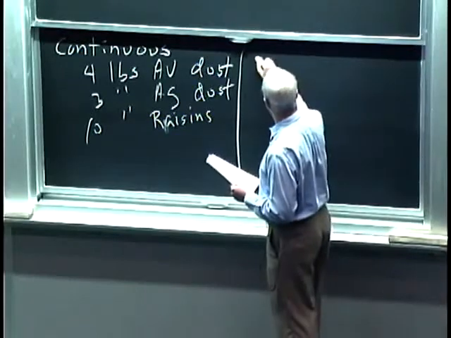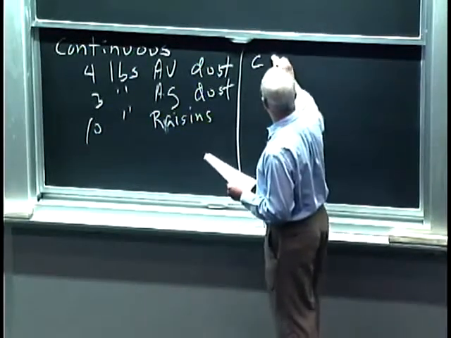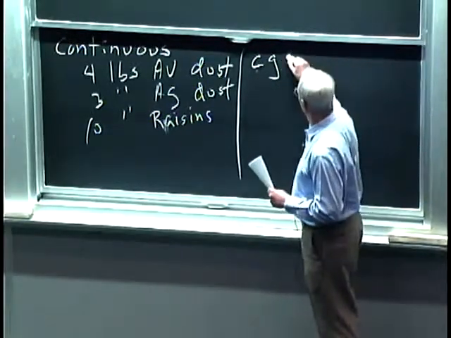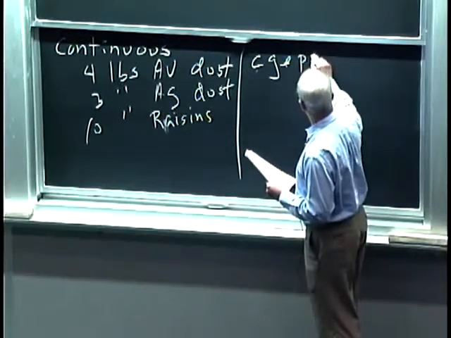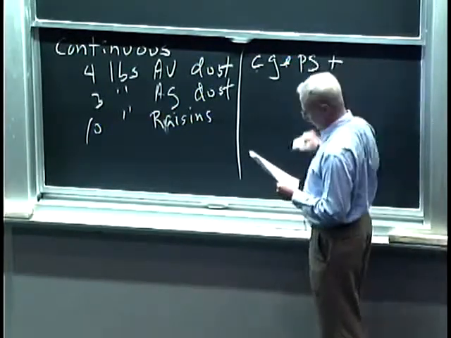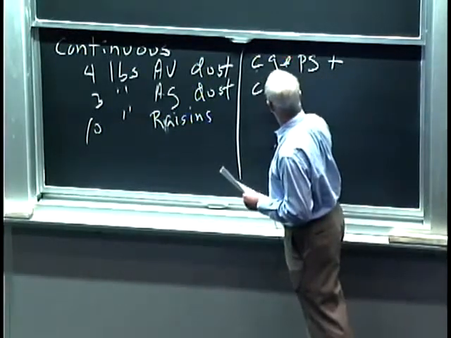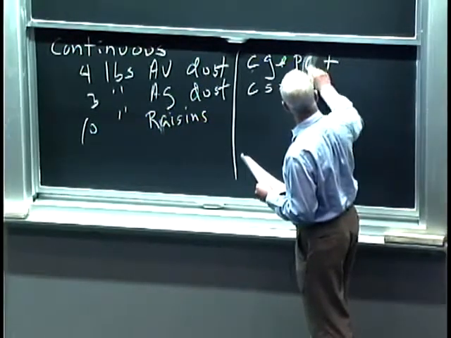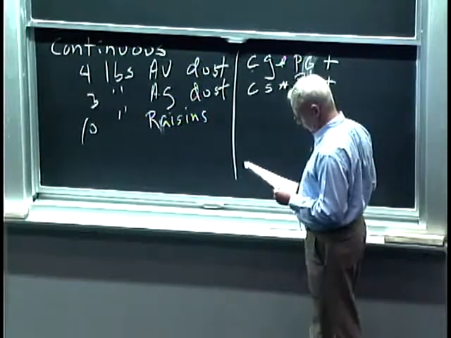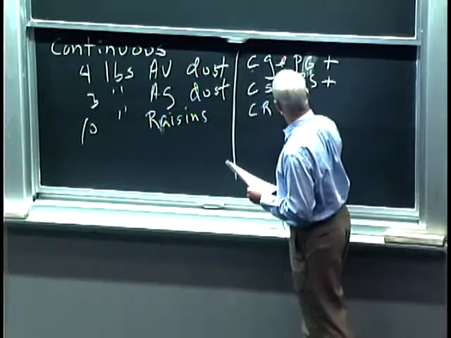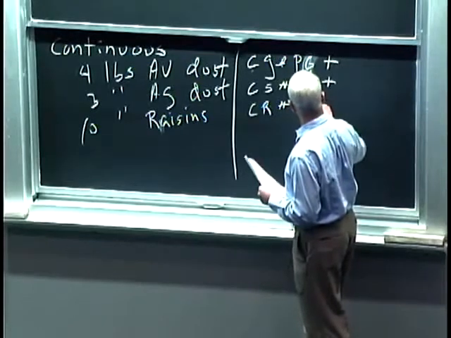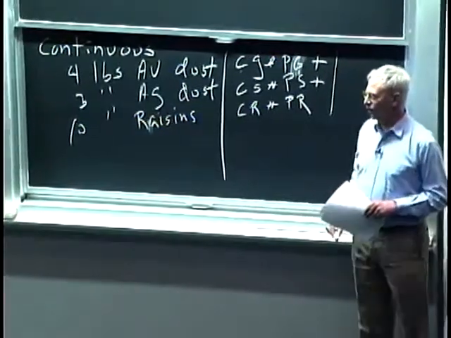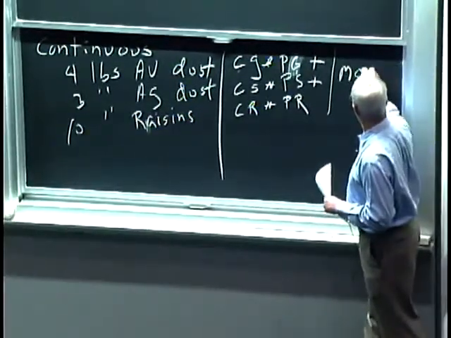Well, let's say it's the value of gold times however many pounds of gold, plus the value of silver times however many pounds of silver, plus the value of raisins times the number of pounds of raisins. So that's the function I want to maximize.